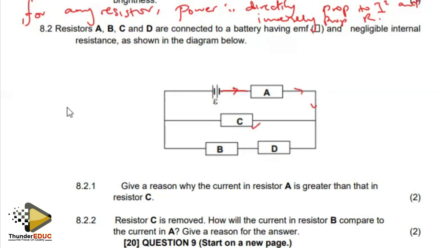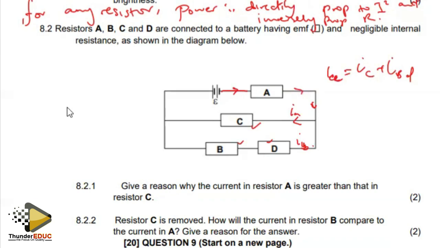And the fact that C is in parallel with this, there's a division. There's a current in A, there's a current in B. So the current of A should be equal to the current of C plus B and D. Okay, so basically, that is the literal explanation.